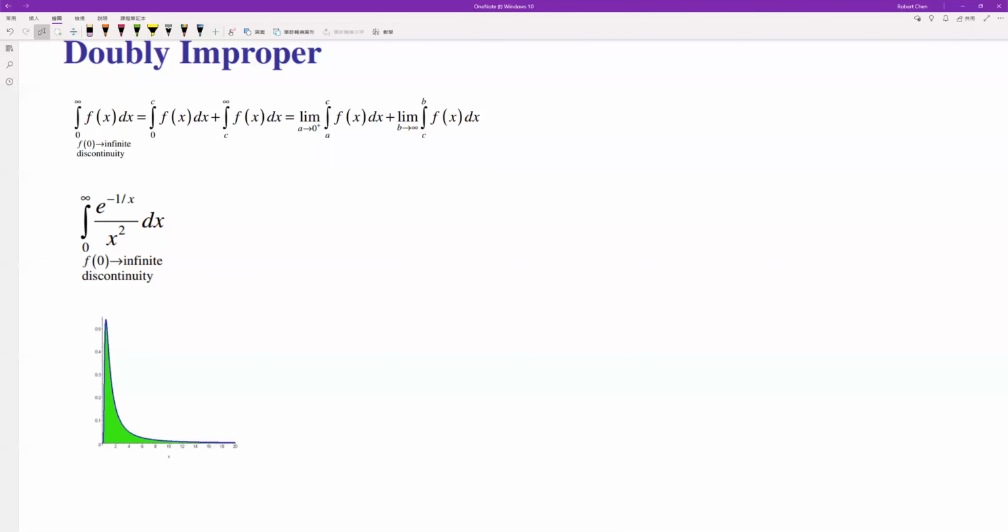All right, this next one, we're looking at double improper. So we have a discontinuity at one end, and then on the upper end, we have infinity. The idea is we're going to split into two separate integrals, and then you can pick a constant c, any number between 0 and infinity. My suggestion is to take 1, that's a little easier.